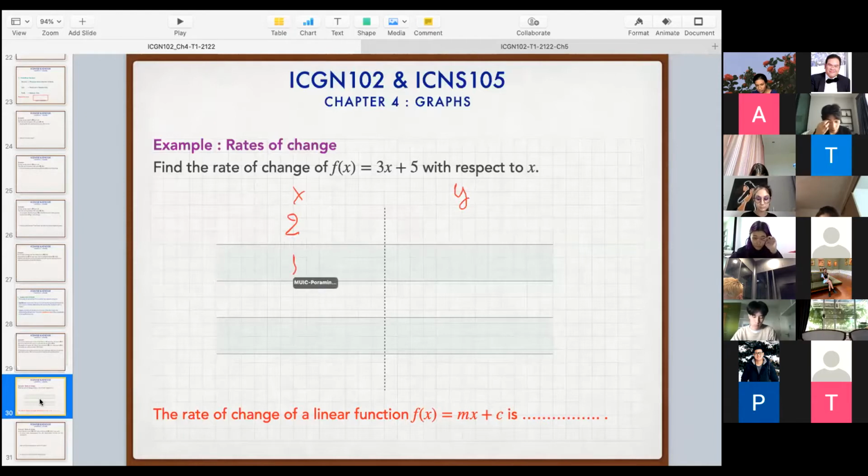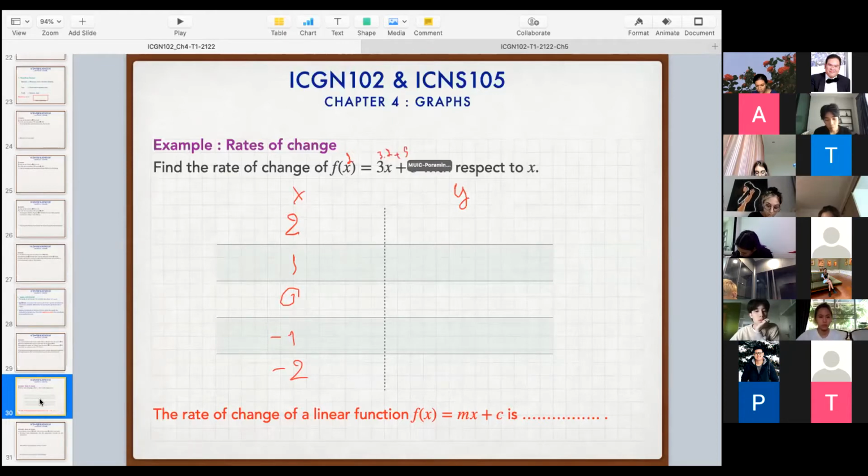Now let's see, when x is 2, can somebody tell me what is the value of y when x is 2? When x is 2, y is 11. 11, that's right.